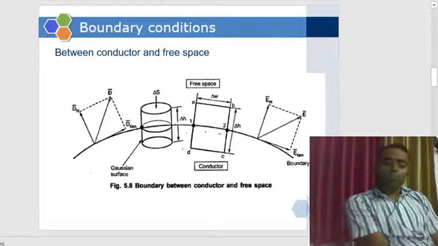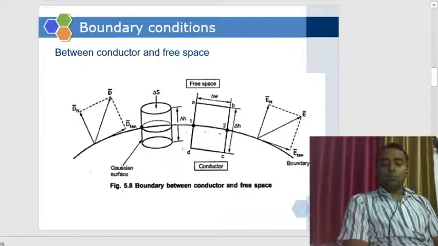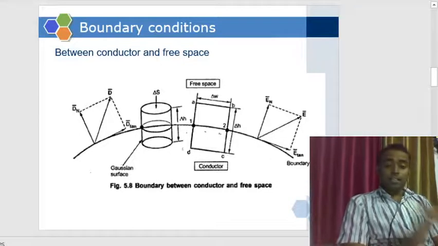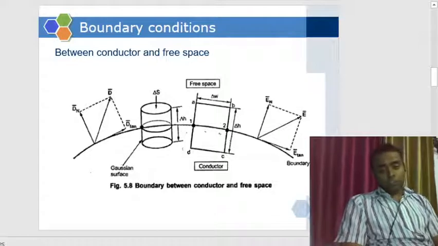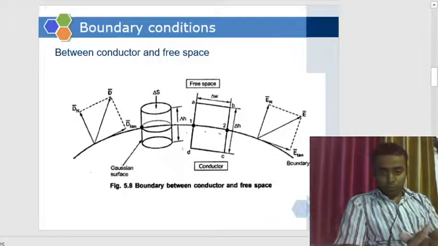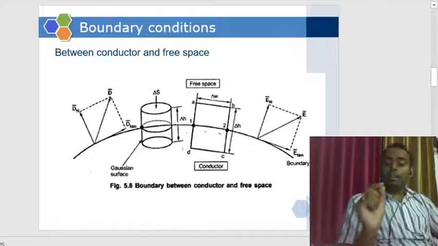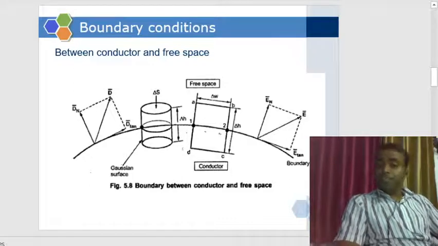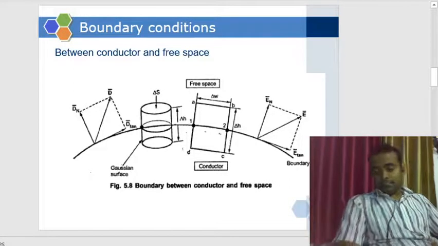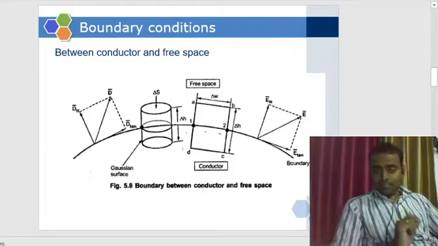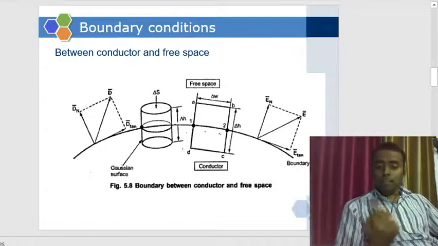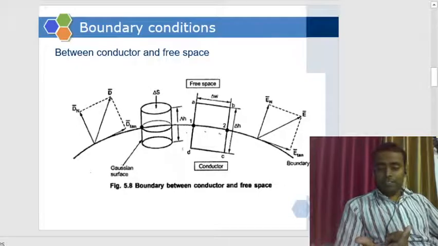Isn't it? तो लेटरल सरफेस में जैसे ही हम सिलेंडर की लेटरल सरफेस, कैसे निकालते हो आप उसका एरिया? 2 पाई आर एच. When you are reducing the height to 0, that surface area will become 0. Hence, no flux will come. I mean, the surface area will become 0.